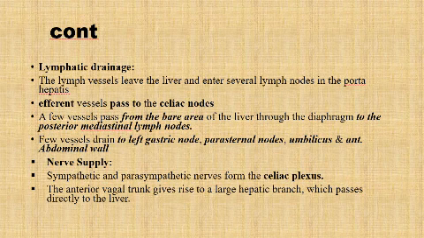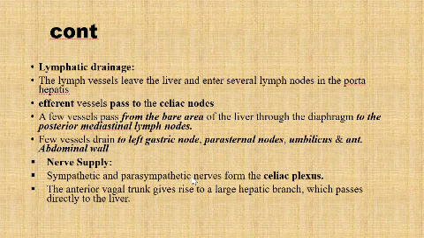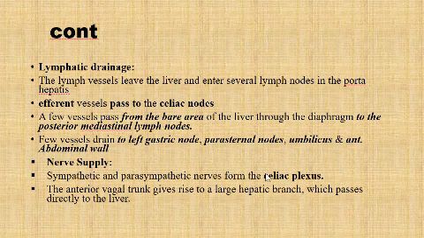The anterior vagal trunk gives rise to a large hepatic branch which passes directly to the liver. Parasympathetic fibers come via the vagus nerve and sympathetic fibers, and these two form the celiac plexus. So that was the neurovascular supply of the liver.